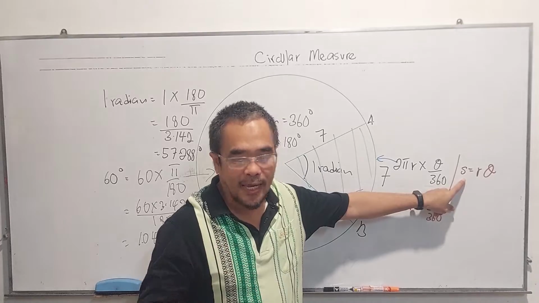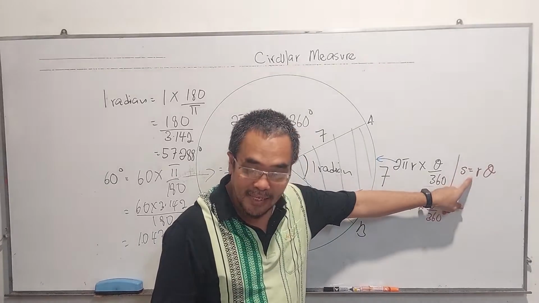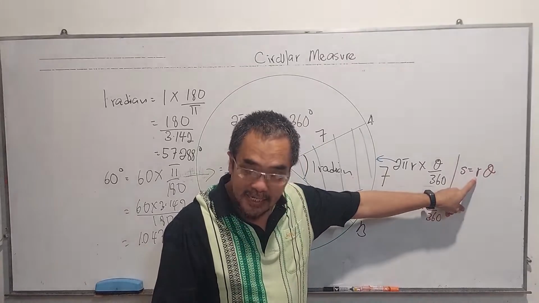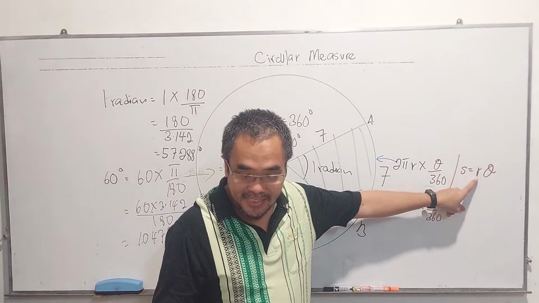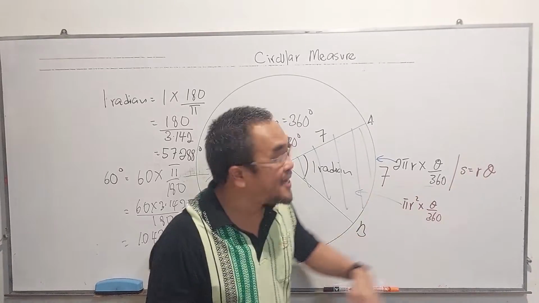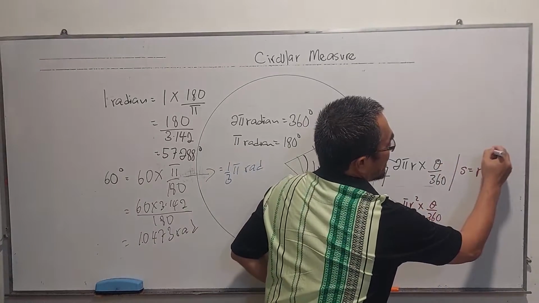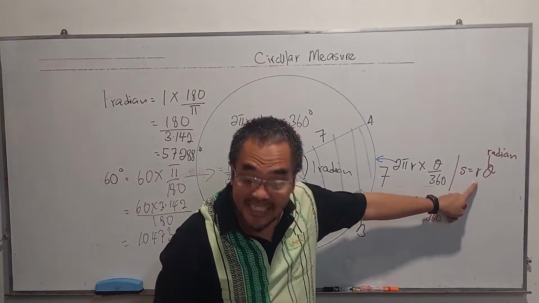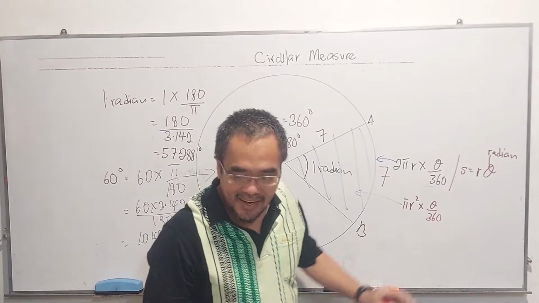Is it clear? Okay, right. So S equal to R theta is length of arc, is radius times theta. Theta is angle in radian. This R is radius. Okay?